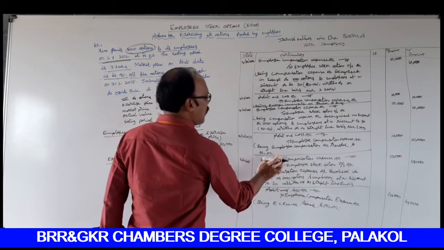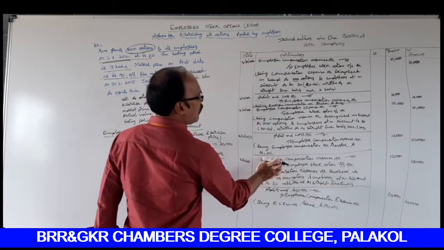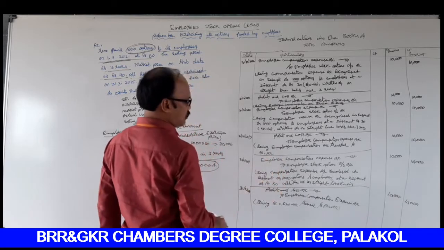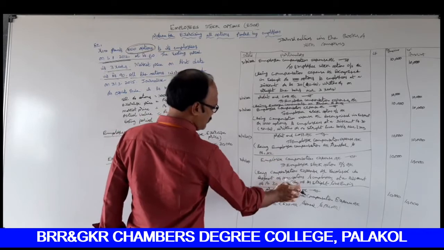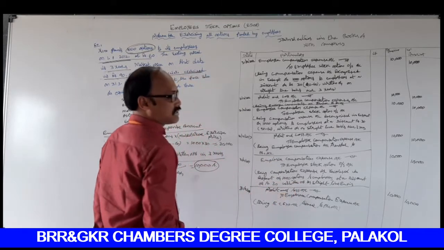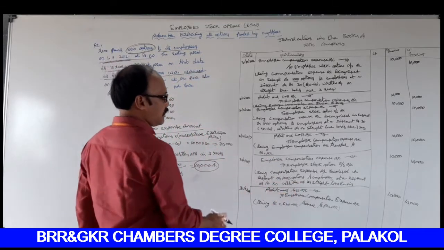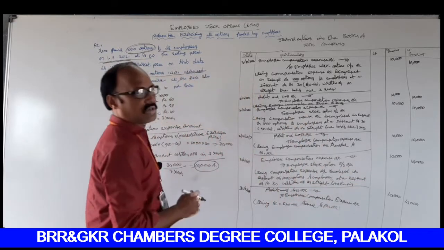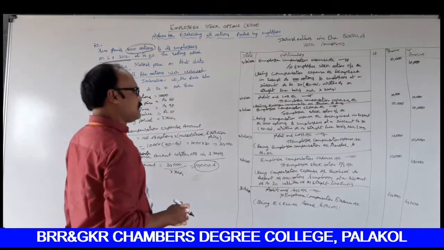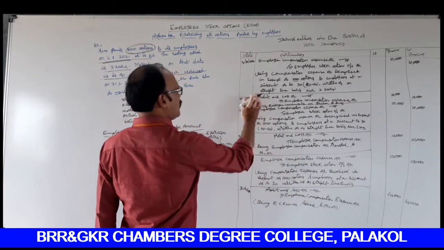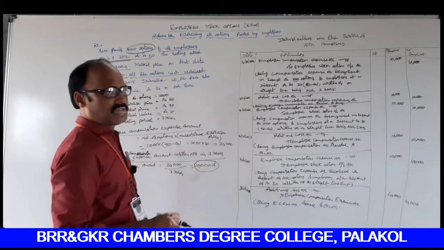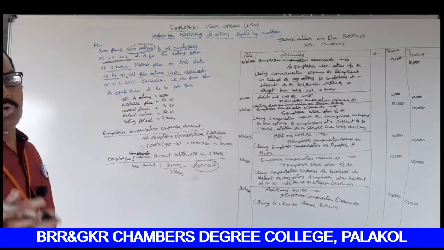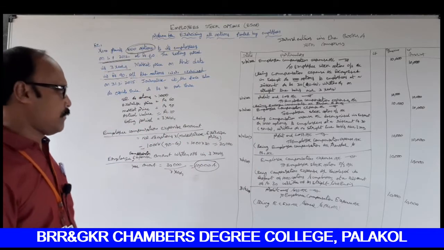Next, compensation expense amount transfers to profit and loss account: profit and loss account debit to employee compensation expense account 10,000. These are all the general entries for employee compensation expense and its transfer to the P&L account.